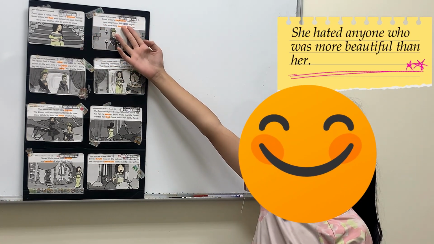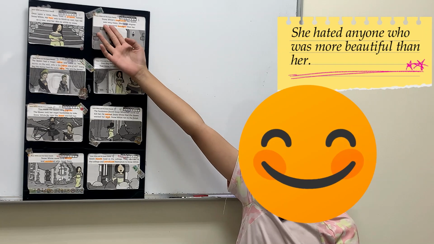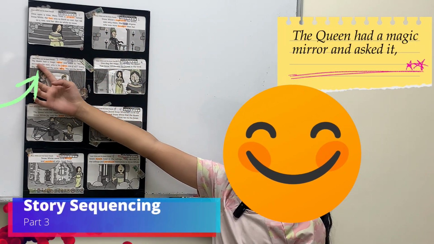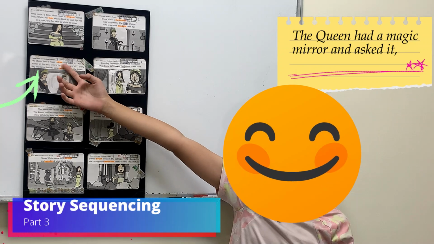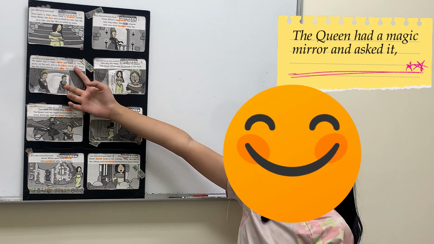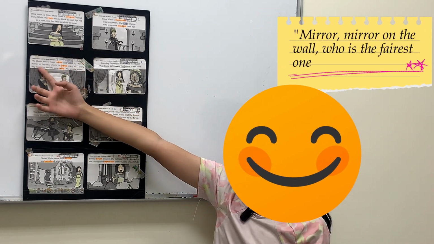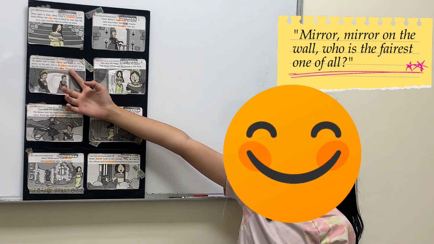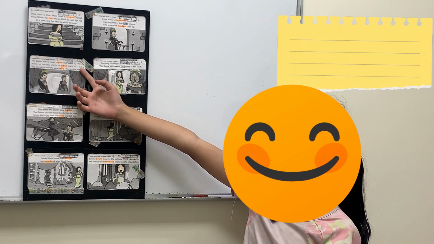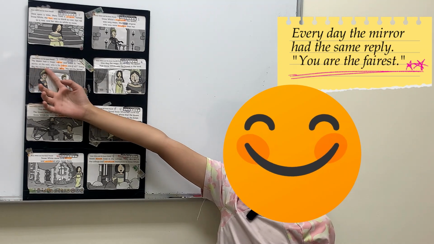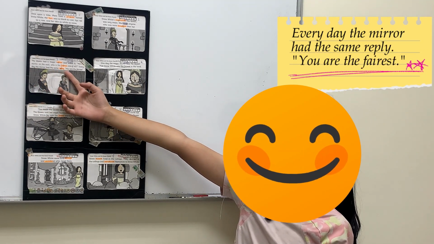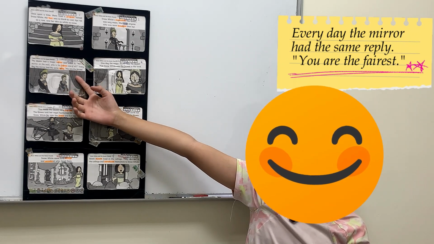She hated anyone who was more beautiful than her. The queen had a magic mirror and asked it, "Mirror, mirror on the wall, who is the fairest one of all?" Every day, the mirror had the same reply, "You are the fairest."